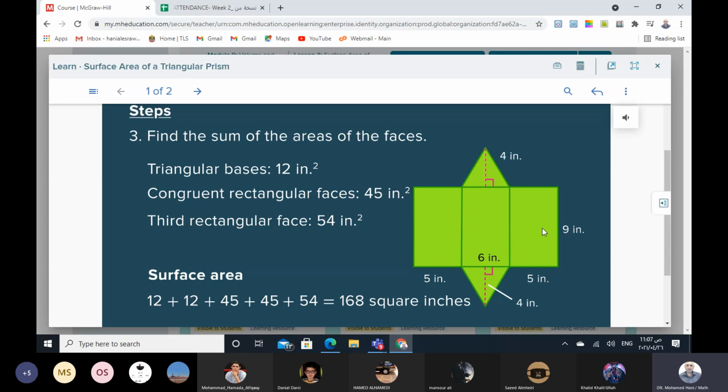The area of each one will be 45, so we can write 45 plus 45 or 2 times 45. Then the last, we can add the area of the bottom, which will be 54. So the sum of all areas here will be 168 square inches. This is the surface area of the triangular prism: 168 square inches.